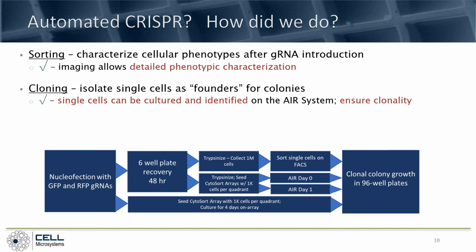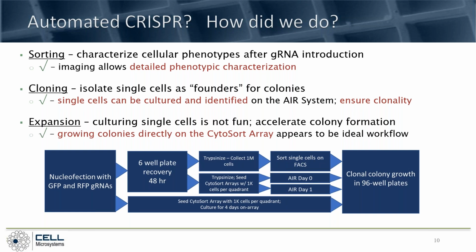In terms of cloning, we wanted to be able to isolate single cells as founders for our colonies, and we've shown that we can get single cells cultured and identified on the AIR system, as well as ensure clonality. And in terms of expansion, we wanted to accelerate our colony formation, and we've shown that growing colonies directly on the CytoSort array works really well and is the best workflow of those that we've tested in terms of viability for downstream analysis.